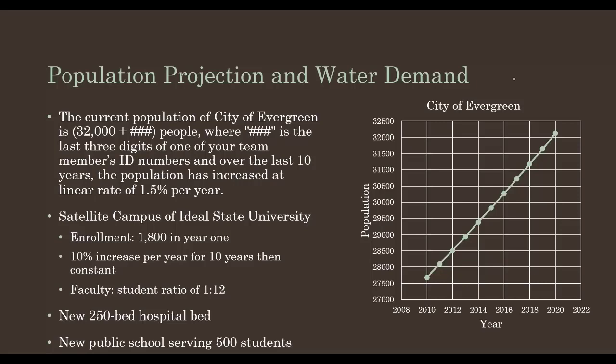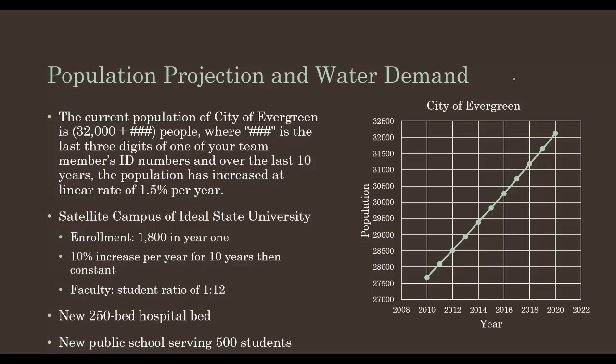There was some confusion with this last year, so I actually plotted the data. The assumption is I did this for a current population of 32,123, and then back calculated the population in 2010.